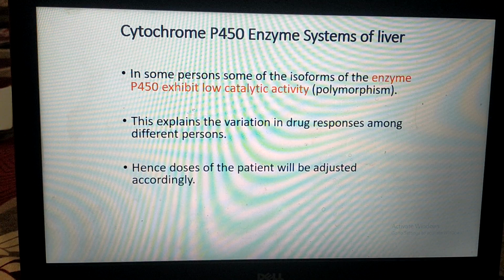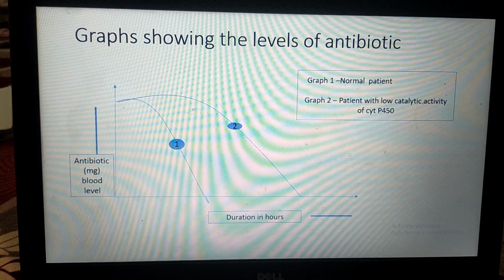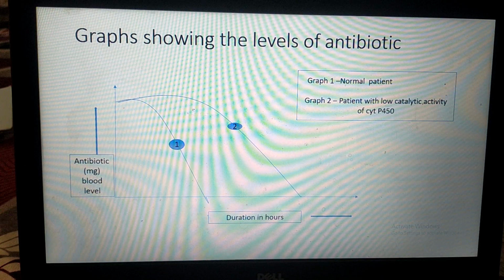Now this graph shows the normal person, and the difference between the normal person and the person with low activity of cytochrome P450. Again, on the y-axis I have given antibiotic level in the blood, and on the x-axis duration in hours. We have given the same dose of drug to both the normal person and the person with low activity. Here graph 1 is of the normal person, and graph 2 of the patient with low activity of cytochrome P450.